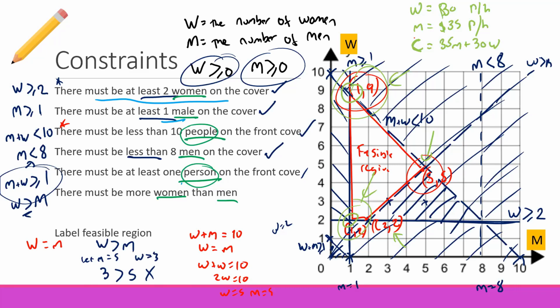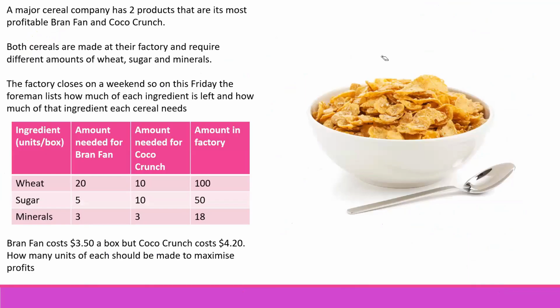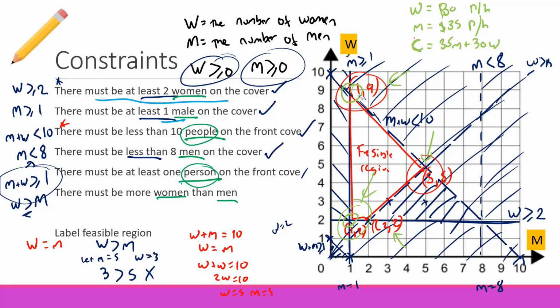And is that a dotted line too? So the only corner point that counts, I lie, the only corner point that counts is this one down here.